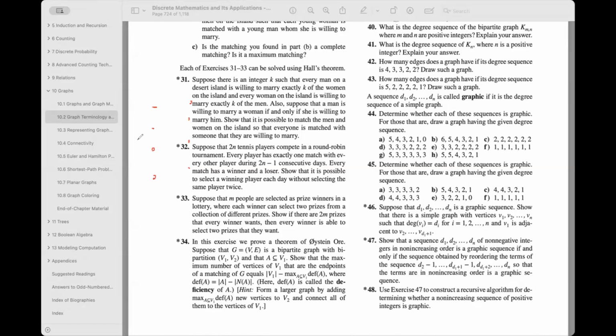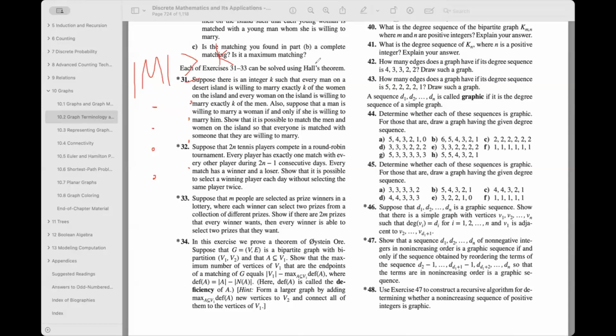Okay, so I think because there's a certain integer k, it doesn't mean that there might be more than k men, or there might be more than k women. So the number of men on the island has to be greater than or equal to k.